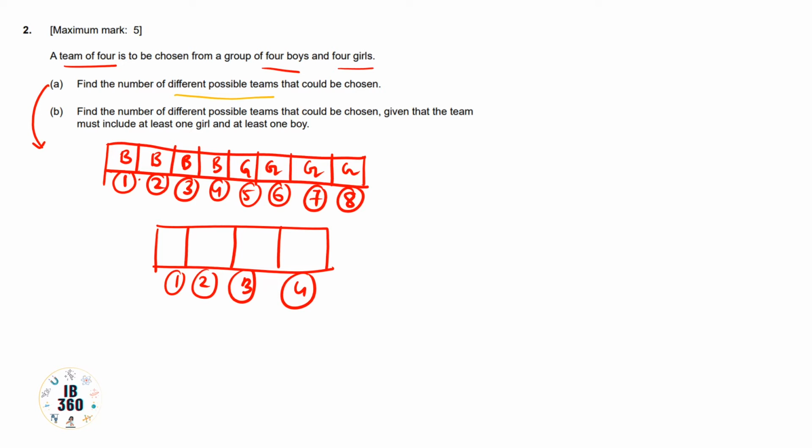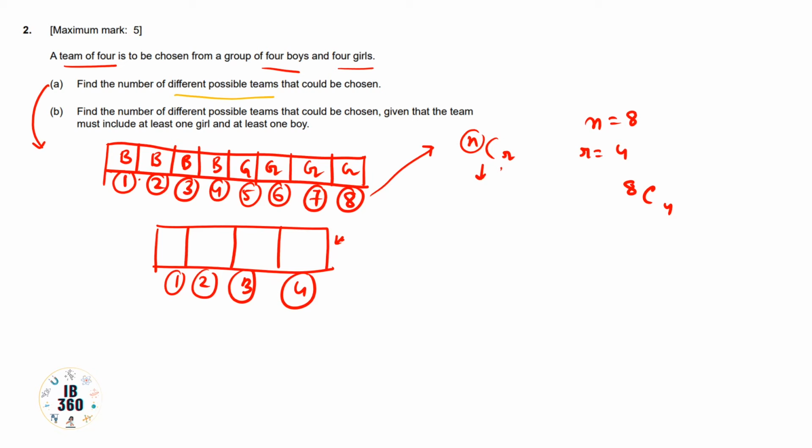The formula we will use is nCr, the combination, where n is the total number of possible cases and r is where we need to fit it. So here n is 8 and r is 4. Basically we need to find 8C4.